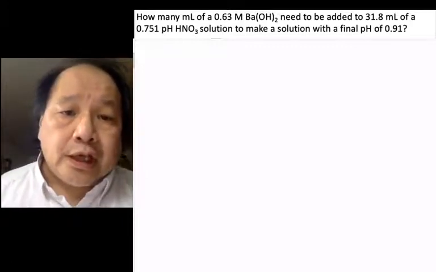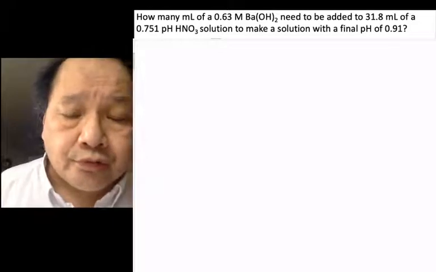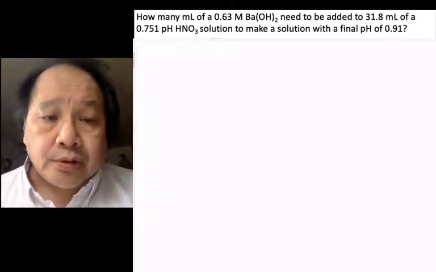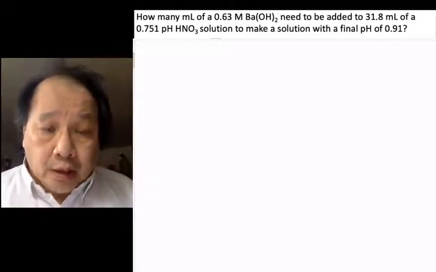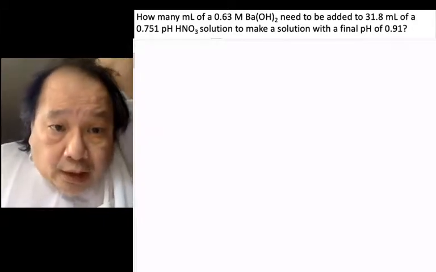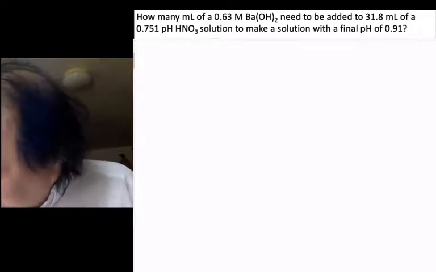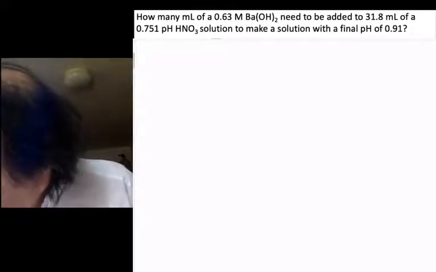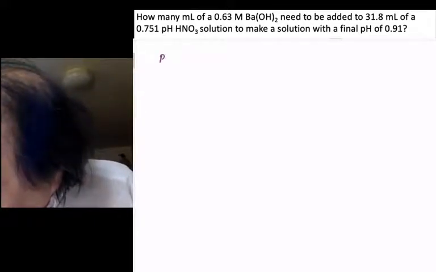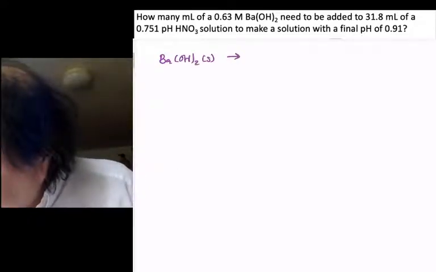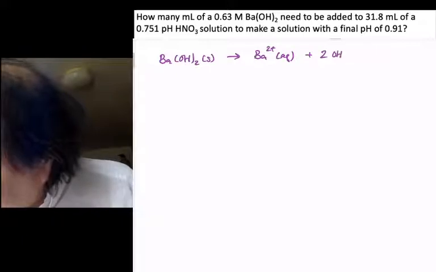And first we notice that HNO3 is a strong acid, so it's good for 2070, and Ba(OH)2 is a strong base, and both of these make in stoichiometric amounts H+ and OH-. So Ba(OH)2 solid goes to Ba2+ aqueous plus 2 OH- aqueous.